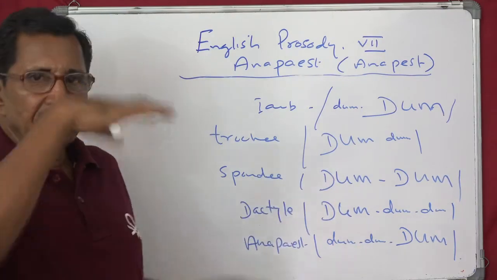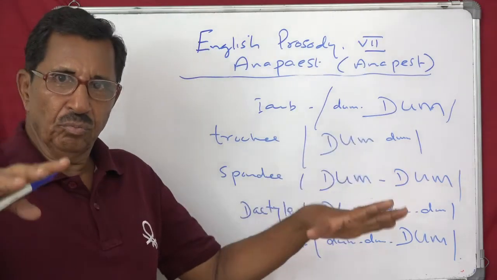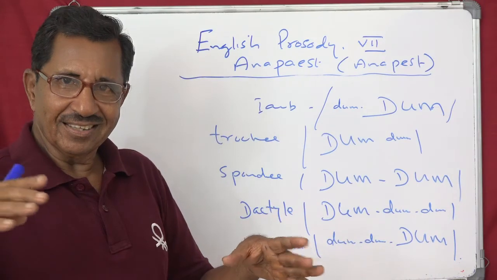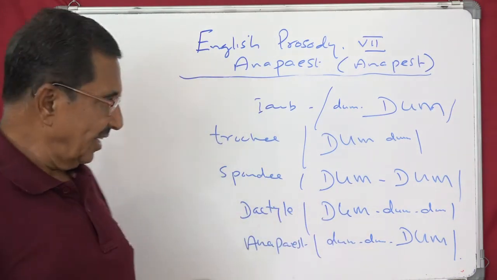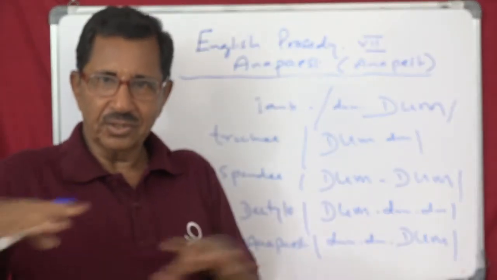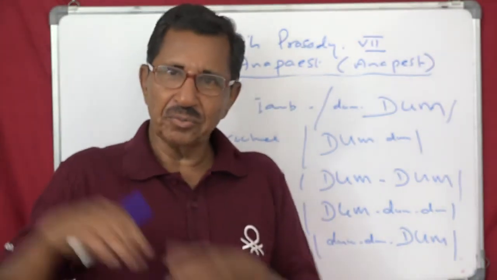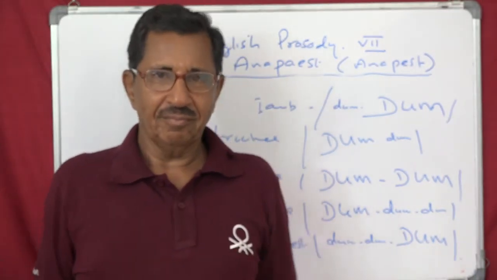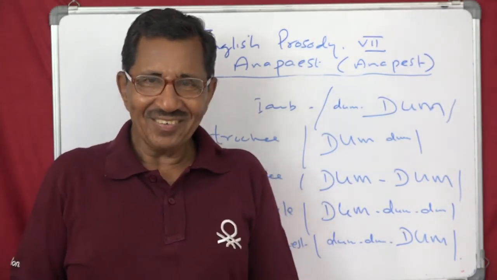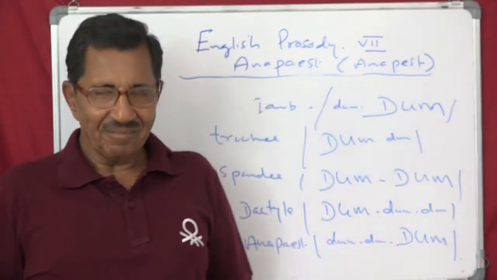The other one is dum dum, dum dum. And dactyl is dum dum dum, dum dum dum. And the anapaest is dum dum dum, dum dum dum. Clear? Is that clear?